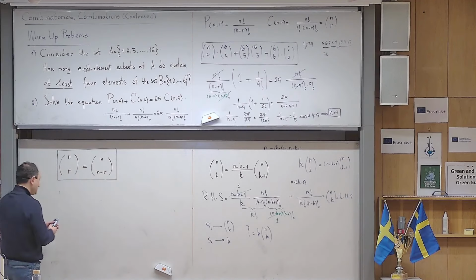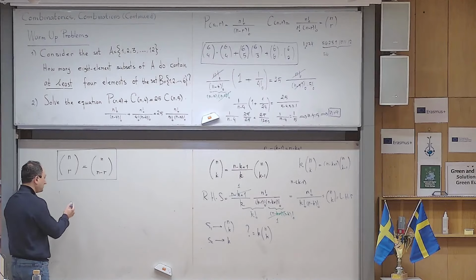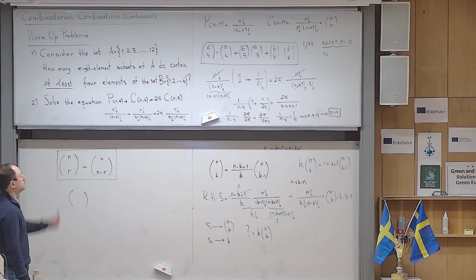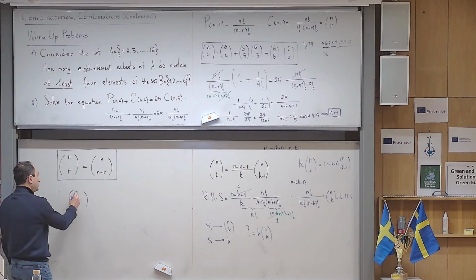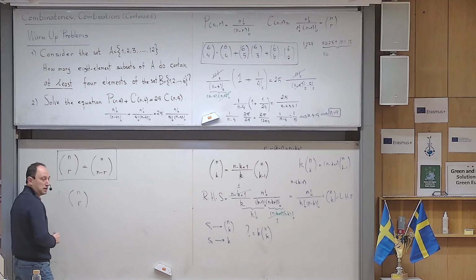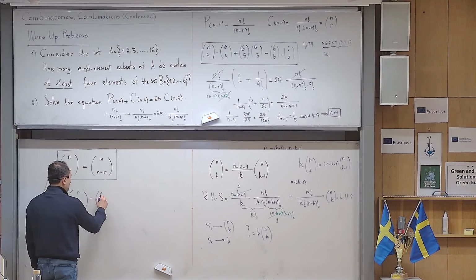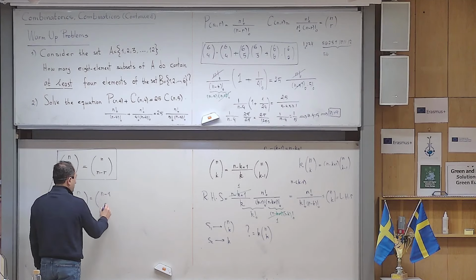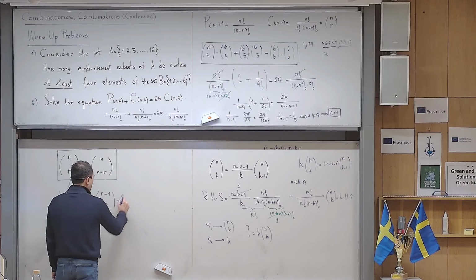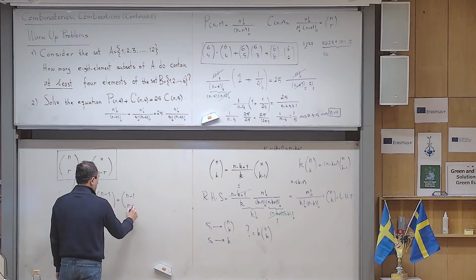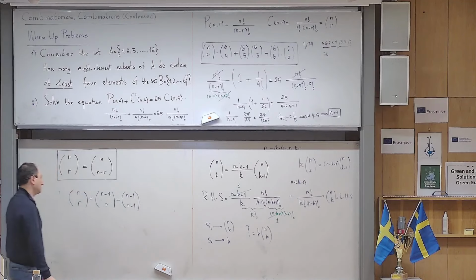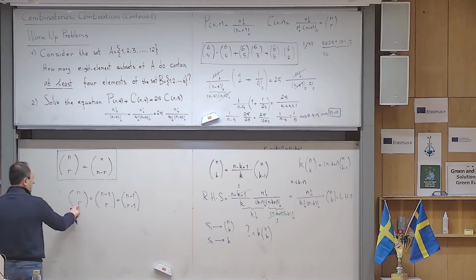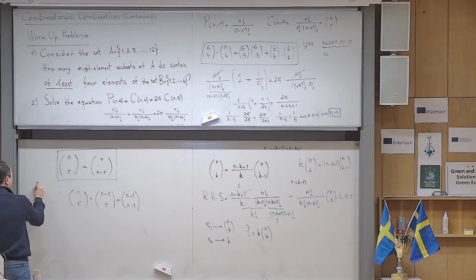Okay, so the second identity is the Pascal identity, which is a very famous identity in combinatorics in the topic of combinations. So n choose r is equal to n minus 1 choose r plus n minus 1 choose r minus 1. Of course, because r appears here, the maximum threshold for r should be n minus 1.